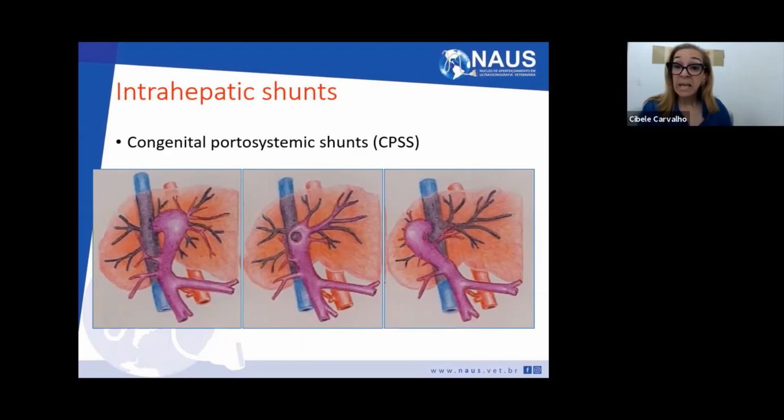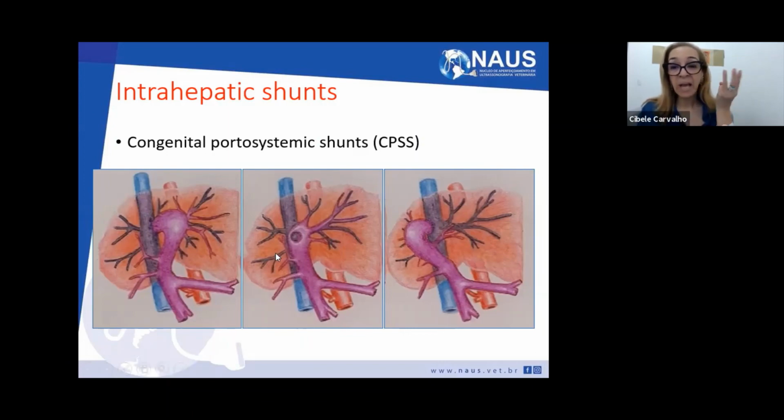But then, instead of ramifying to irrigate the right lobes, it turns medially, like this, arrow here, to enter directly into the caudal vena cava.